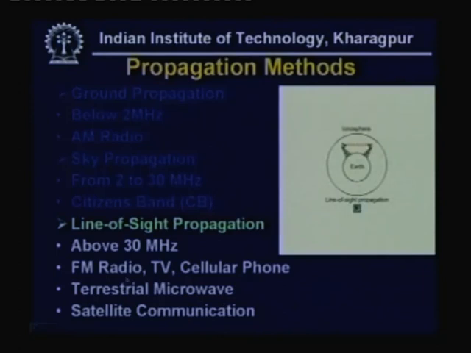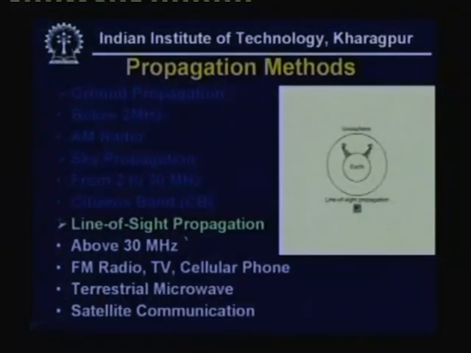And as you know, FM radio, television signals, cellular phone, terrestrial microwave, satellite microwave, all these use line of sight communication. The previous two, that means sky propagation and ground propagation, are essentially broadcast communication. On the other hand, line of sight communication takes place for frequencies above 30 megahertz.